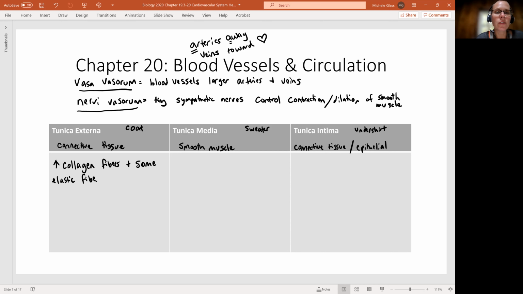Remember that your collagen fibers are super strong. They're going to be able to bend without breaking. And your elastic fiber is stretchy, so it can expand and recoil. So think about that rubber band.